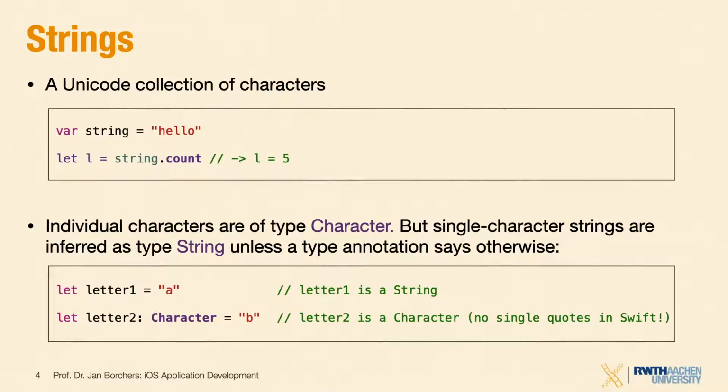So that's why when you do define a single character literal like this, it will actually be type inferred as a string, not a character. You need to say so explicitly that you want this to be one. Otherwise, it's a string, and letter 1, therefore, is also in this implicit type definition here. This inferred type is also string, so you can later extend it to contain more characters.